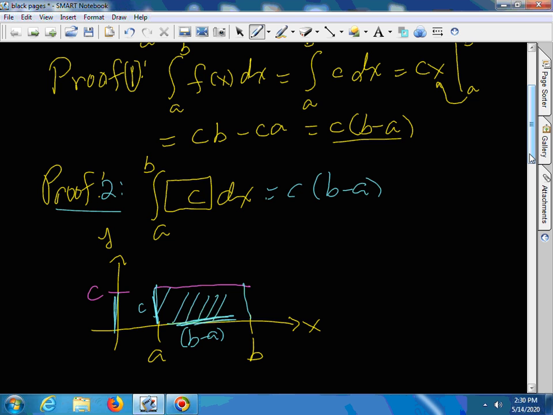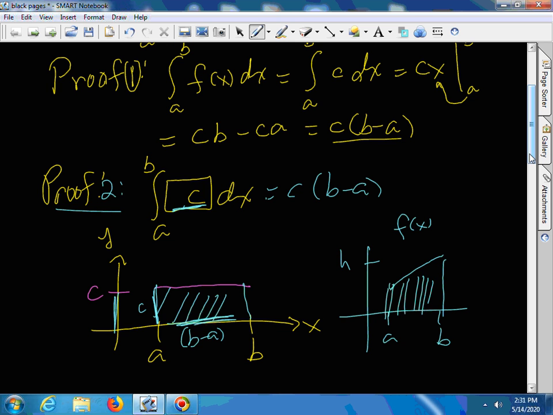Proof number 2. So you don't always have to use integration to do these things. Since it's just a constant, you can draw it. If it was a line from a to b, and you want to know this area, you know the height, because you're told what f of x is, so you compute f of b.